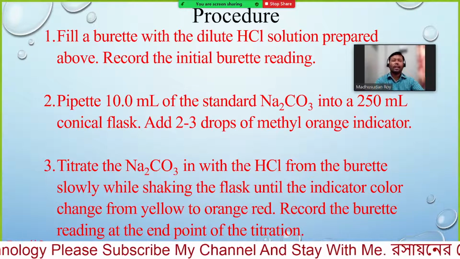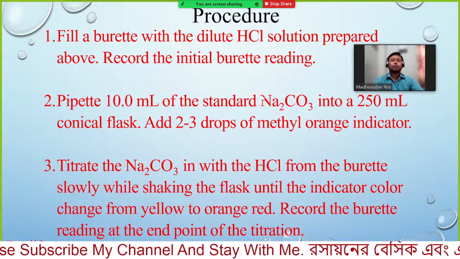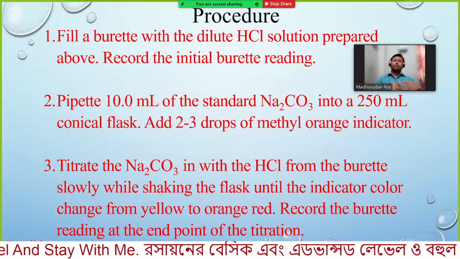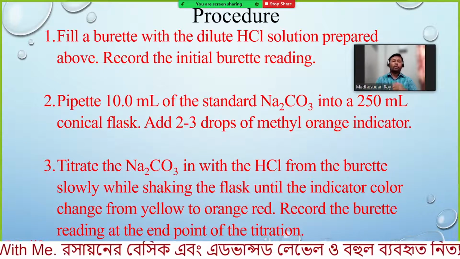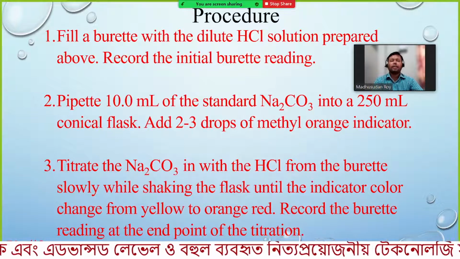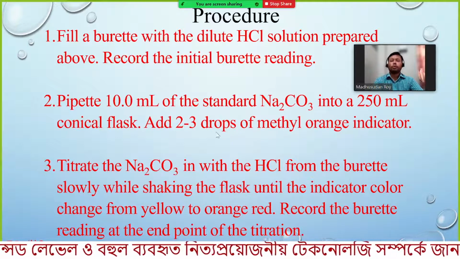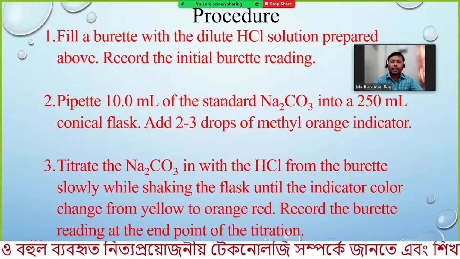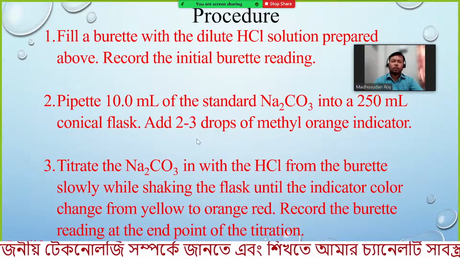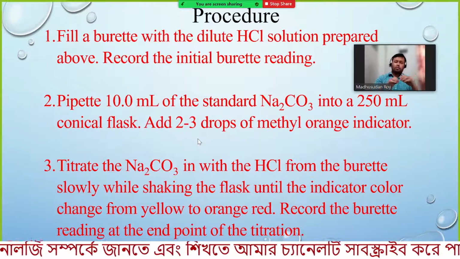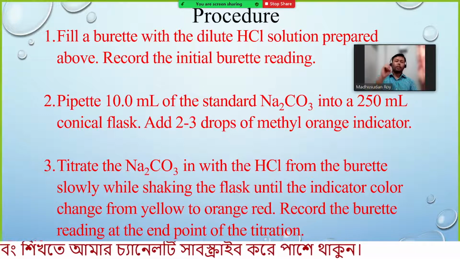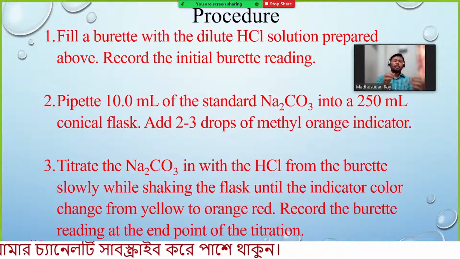Then titrate the sodium carbonate with HCl from the burette. You have taken the alkali sodium carbonate in the conical flask, and then add the hydrochloric acid from the burette very slowly, drop by drop, and shake very well.